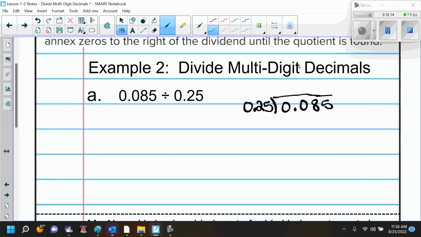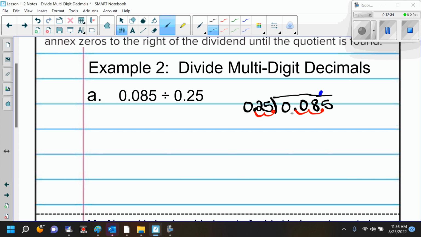Until it becomes a whole number. Very good. So we're going to move this decimal twice in the divisor, and then we're going to move the decimal twice in the dividend, and then that decimal comes straight up. Okay, and now we can start dividing like normal.